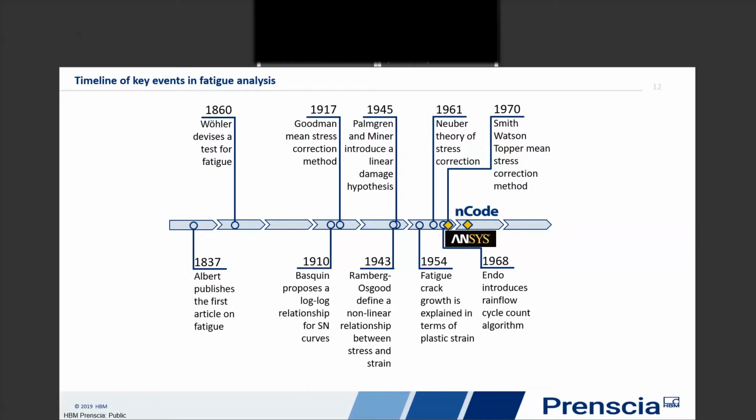And early on, people recognized that it was the cycles of loading going in, and hence named that failure mode fatigue. There were very early on fairly sophisticated measurement and fatigue curve creation to go off and do design.